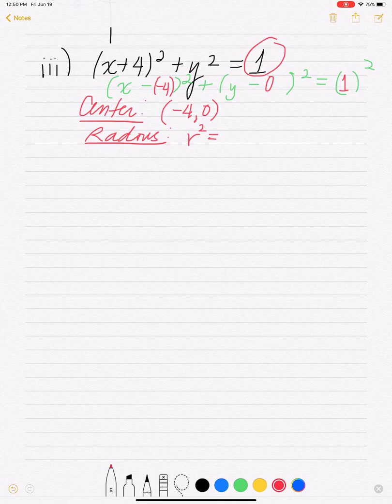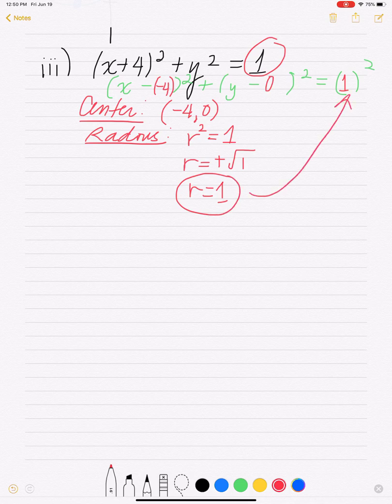Radius squared equals 1, and you just take the positive root of that, which is just 1. And also we saw it right here, 1 squared. In any case, we get a center of -4, 0, and a radius of 1.